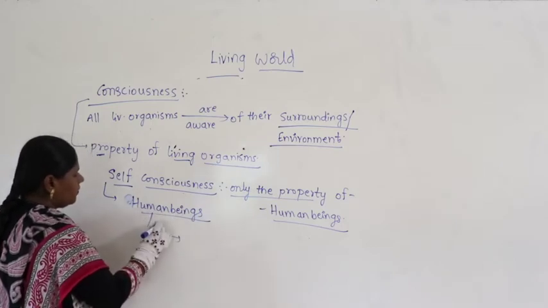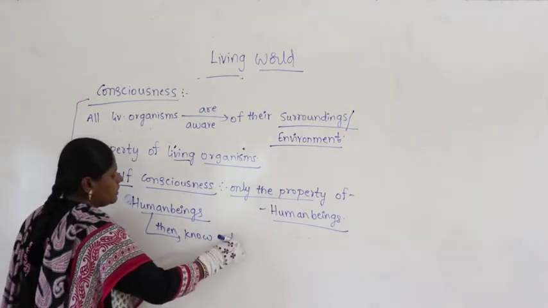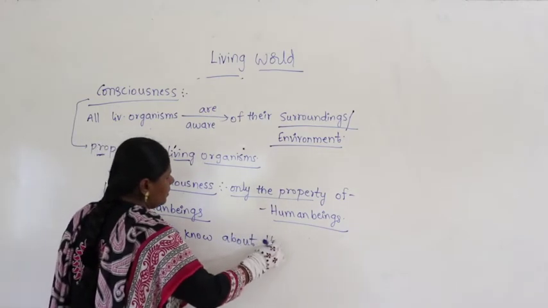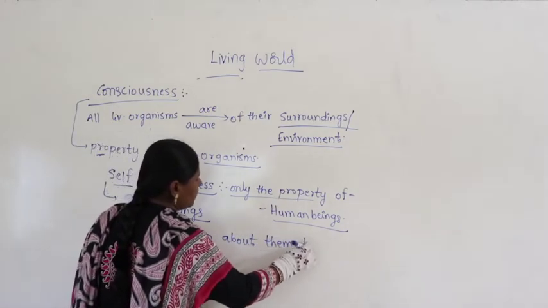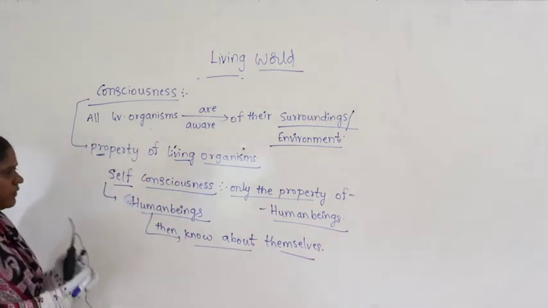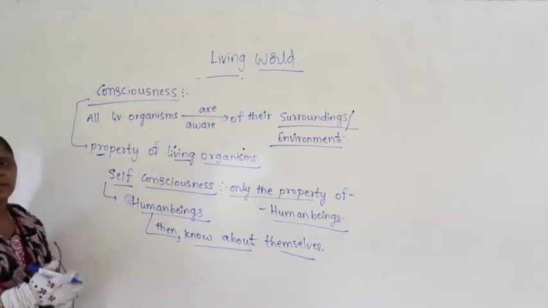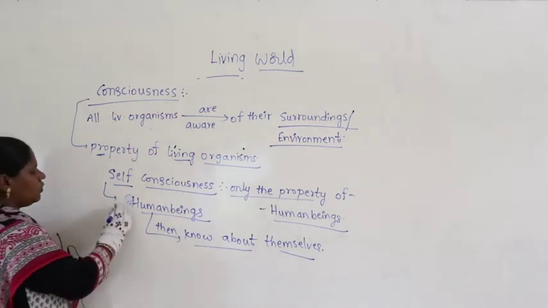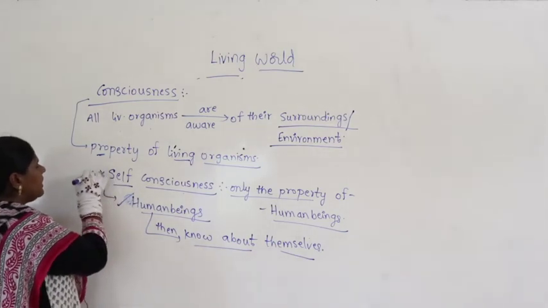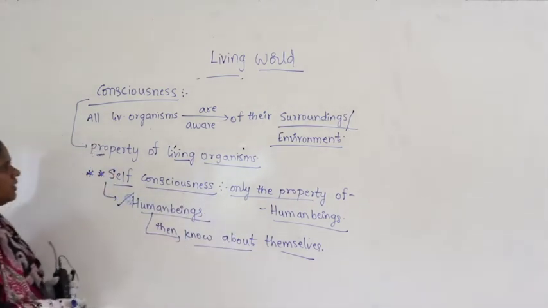They know about themselves means with what we are made up of, what to eat and what processes are going on inside the human body, everything is known to human beings. We say self-consciousness is only the property of human beings.